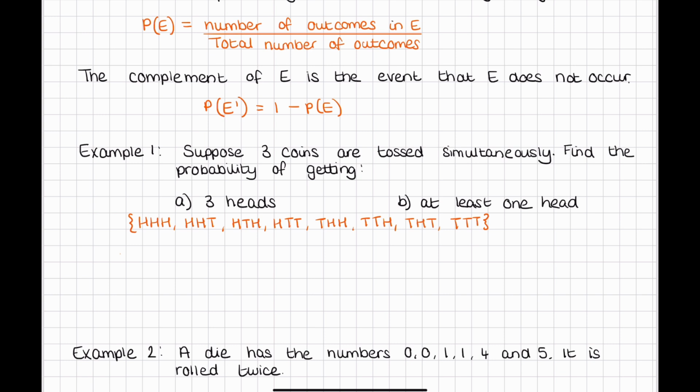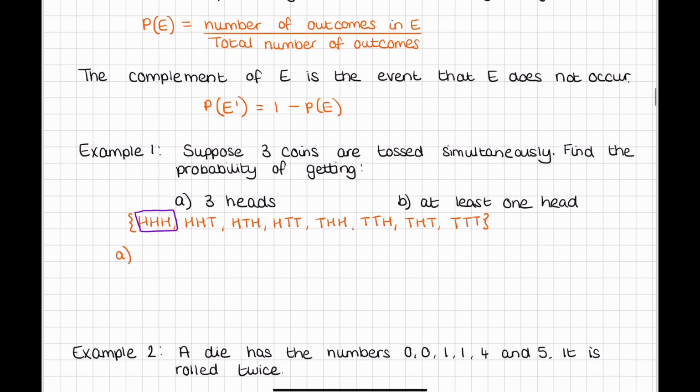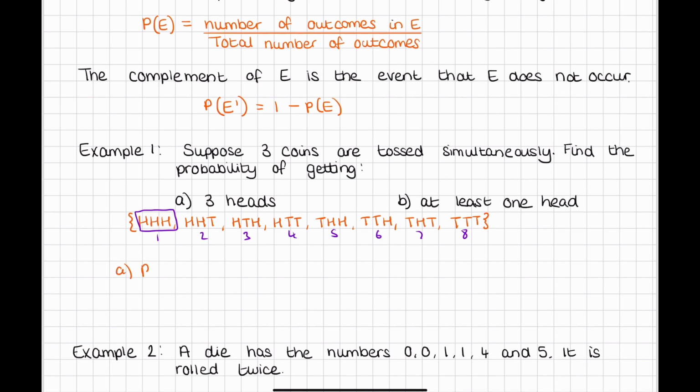Now for part A, the probability of having 3 heads is just this first one here. This first one here is the only option we have for 3 heads. Now we have 8 outcomes in total. 1, 2, 3, 4, 5, 6, 7, 8. So now the probability of getting 3 heads is equal to 1 out of 8.